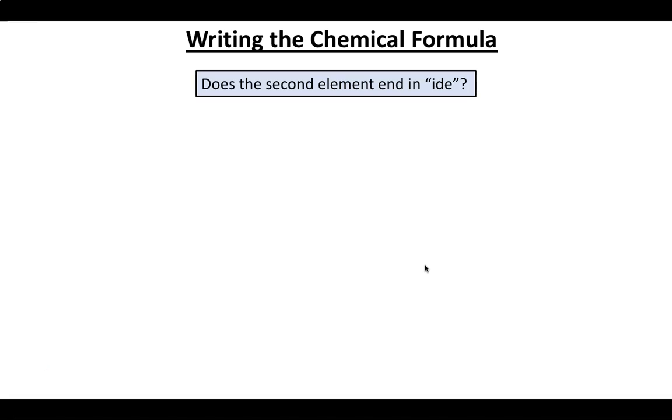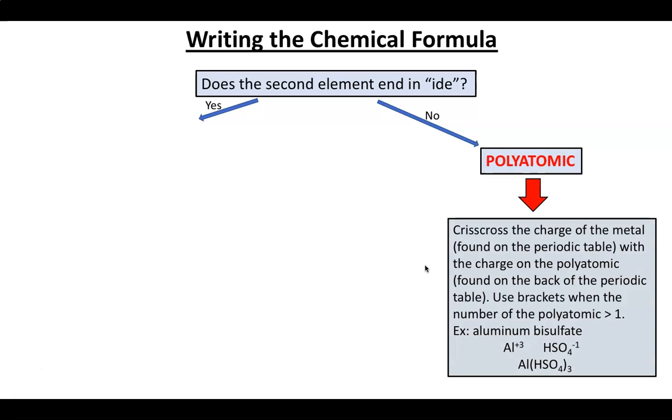If we're going backwards, so if you have the name and you need to write the chemical formula, the first question you're going to ask is, does the second element name end in "ide"? We're looking for that IDE. If it doesn't end in "ide", if it ends in something else, you have a polyatomic.